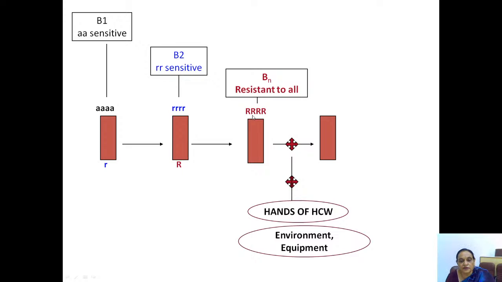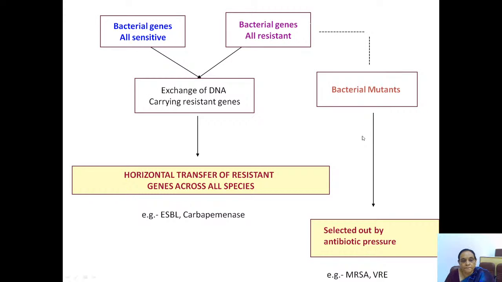You are trying to kill it, but you are not able to successfully eradicate the infection. Therefore, one of the most important reasons for transmission is through the hands of healthcare workers, through the environment, through commonly used equipment, and therefore we can control it by taking care of this transmission from one person to another.